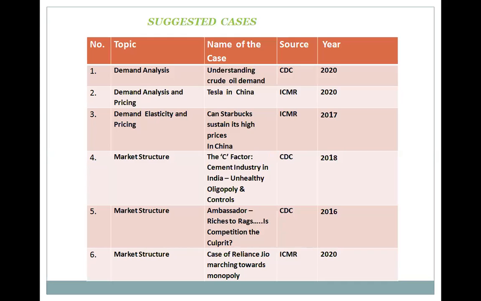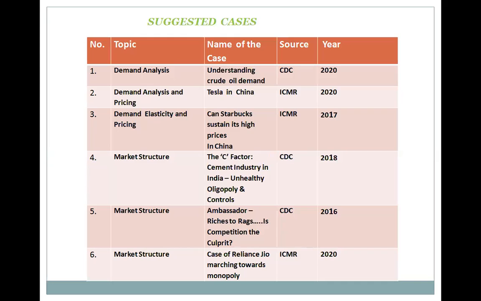Now, under market structure, you have the C factor, cement industry in India, unhealthy oligopoly and controls. As the very name suggests, it can be classified under the topic oligopoly in your market structure, imperfect competition. Ambassador riches to rags, is competition the culprit, is also a topic under market structure.